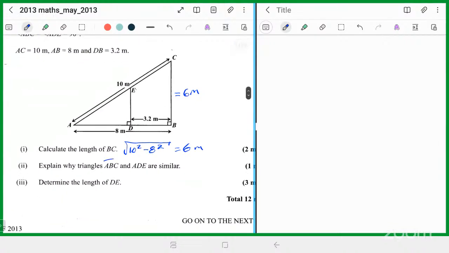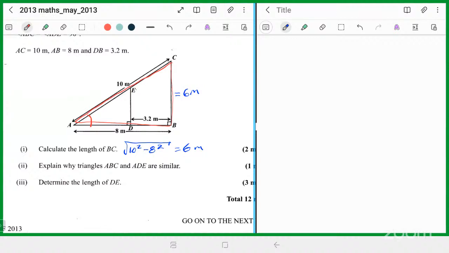Explain why these two triangles are similar. A topic that we have not yet done. This big one and this small one are similar because they have 3 equal angles. Let me show you. This angle is the same for the small triangle and the big triangle.